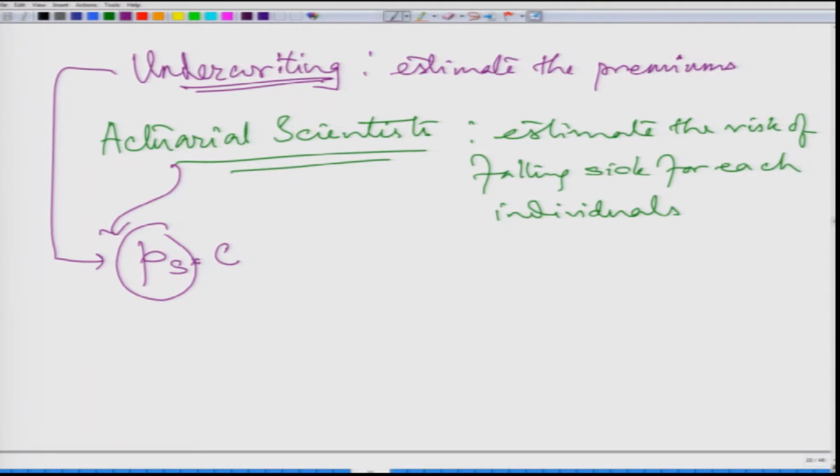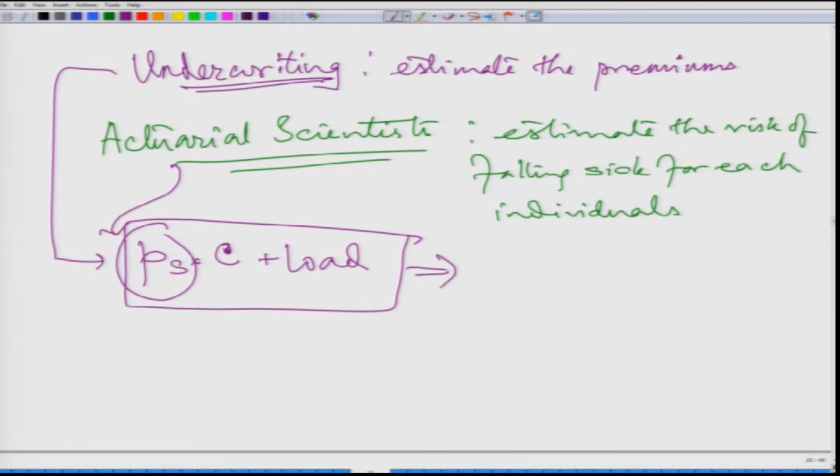Then they know the load of this insurance company, and based on this they estimate the premiums for each and every customer. If it's a group, then for the group. If it's an individual customer, then for the individual customer separately.